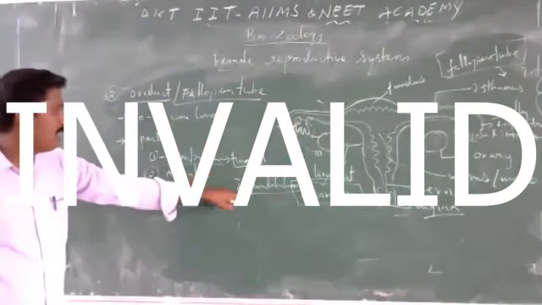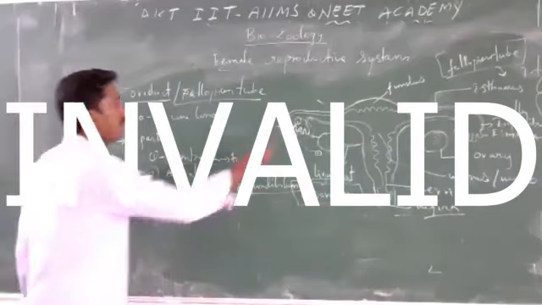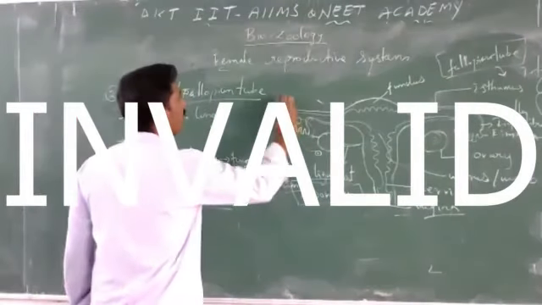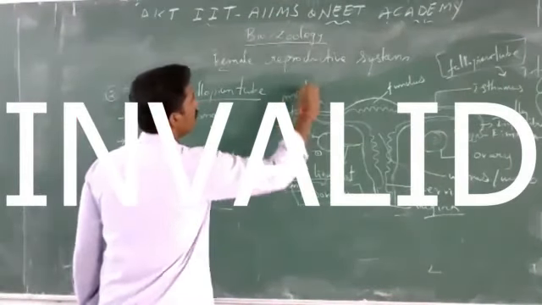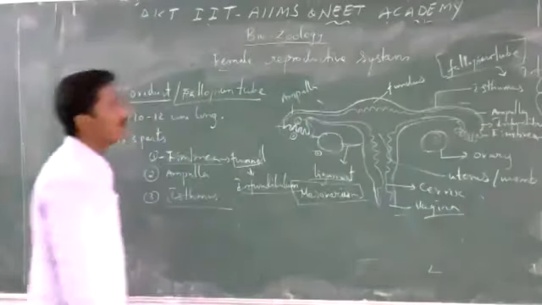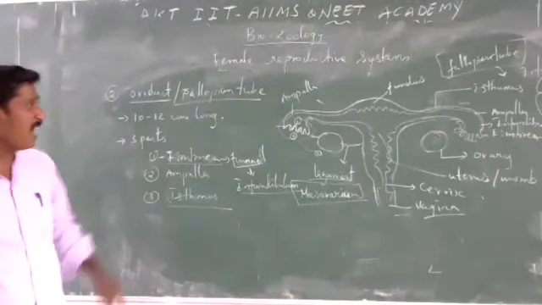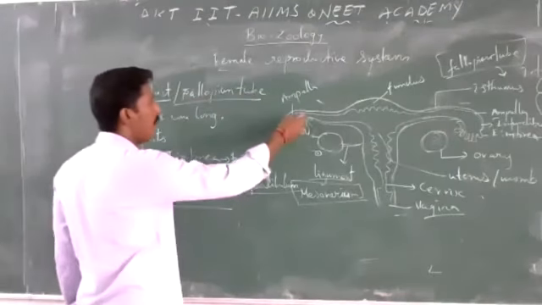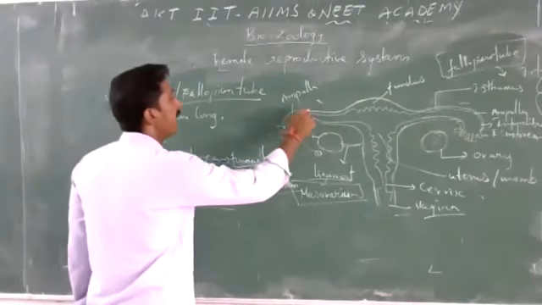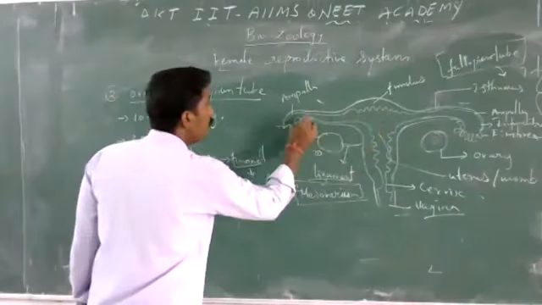After reaching the infundibulum, it reaches the wide region. The wide chamber of the fallopian tube is called the ampulla. After reaching the ampulla, the ovum migrates to the uterus through the isthmus.